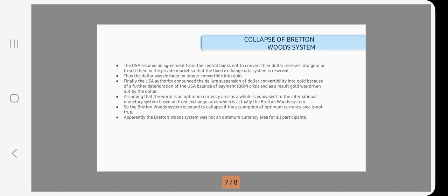Finally, the USA authority announced the de jure suspension of dollar convertibility into gold because of a further deterioration of the USA balance of payments crisis, and as a result, gold was driven out by the dollar. So, the gold was no more in circulation.